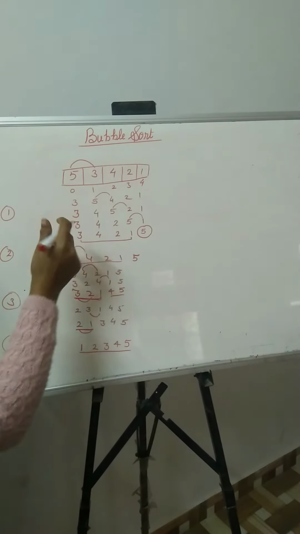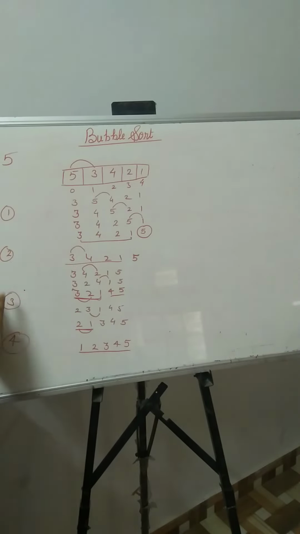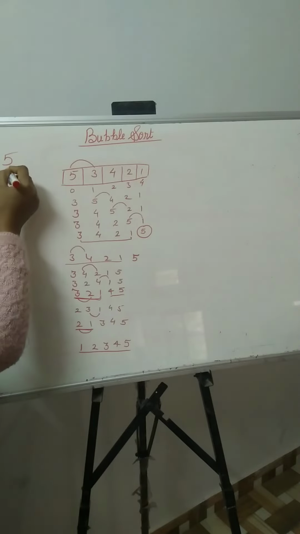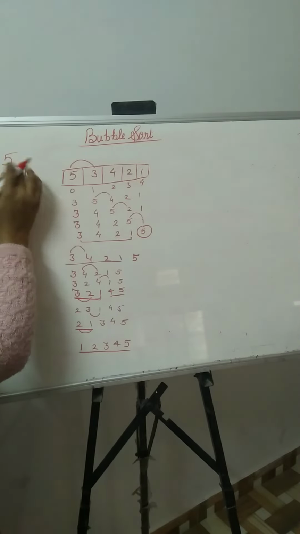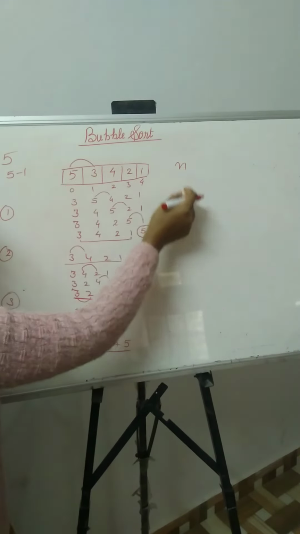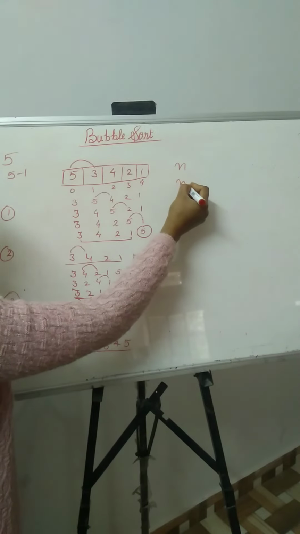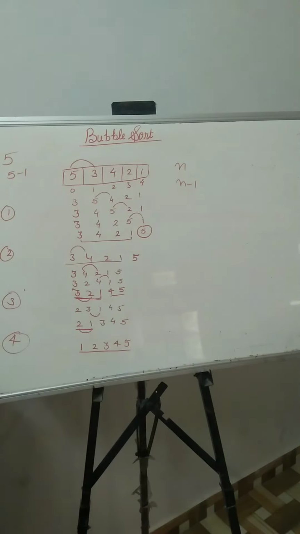Here our array size is 5. If the array size is 5, the number of outer loop iterations is 5 minus 1, which is 4. If your array size is n, the number of outer loop iterations is n minus 1. Clear? It's the bubble sort technique.